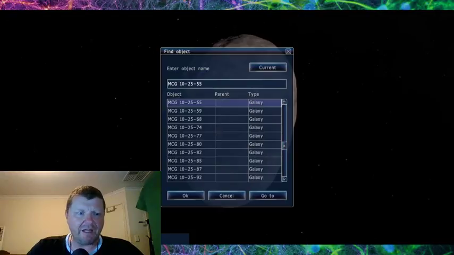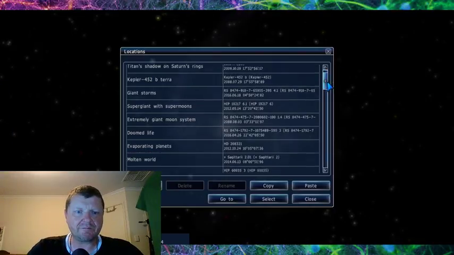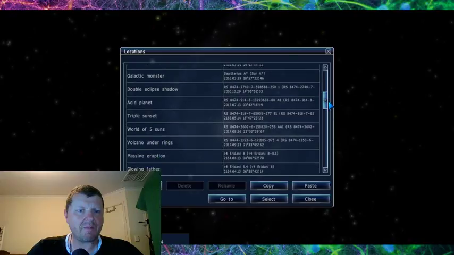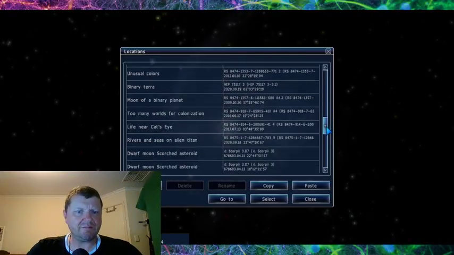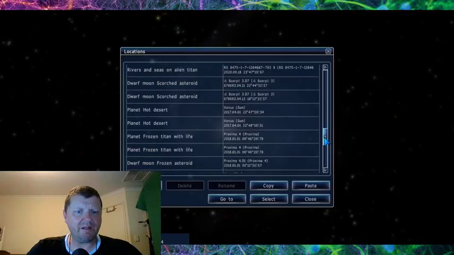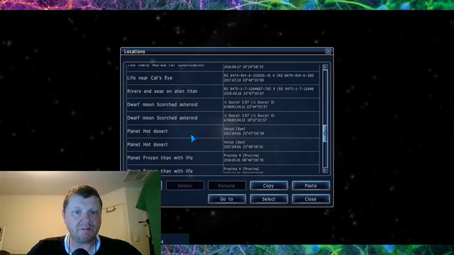Let's take a look at an exoplanet. Alright, what have we got? Get out of here, whoops. Right, we've got some planets we could explore here. Let's see what we got. Right.